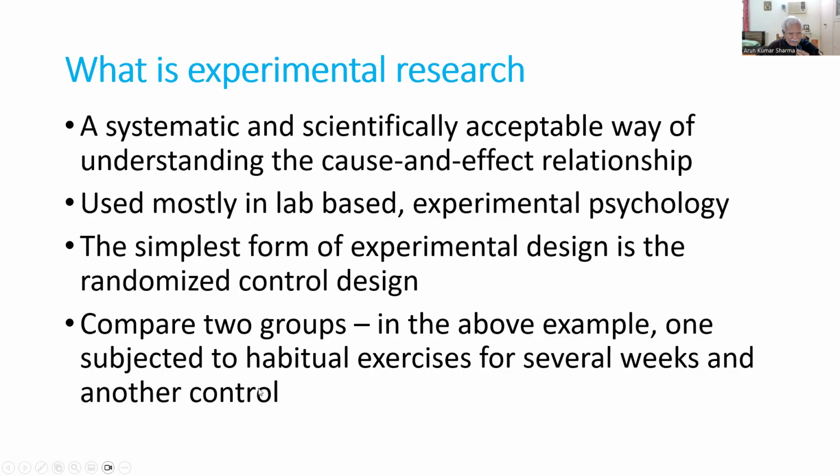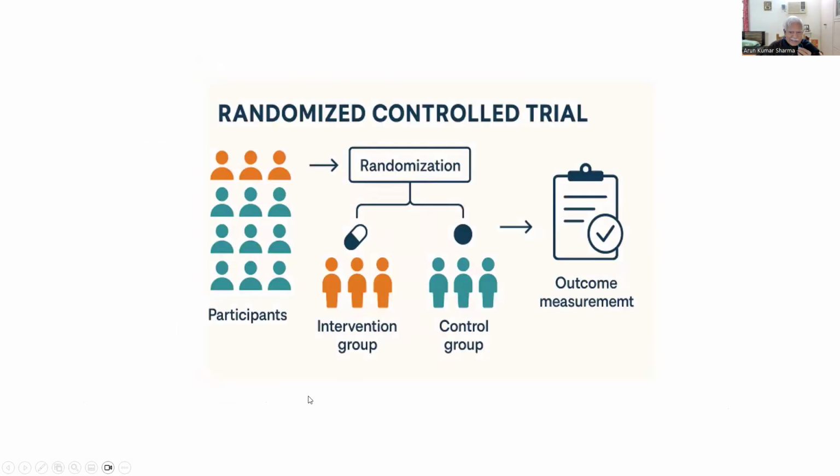I will explain what randomized means. Compare two groups. In the above example, one subjected to habitual exercises for several weeks and another control group which is not subjected to exercise. This is the ideal form of randomized control trial.